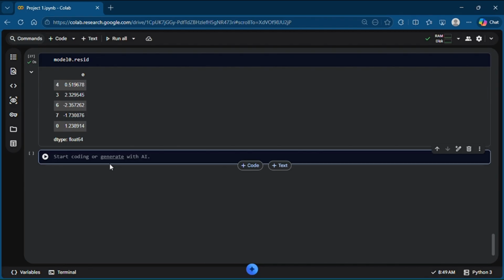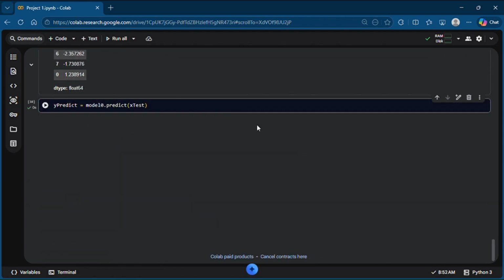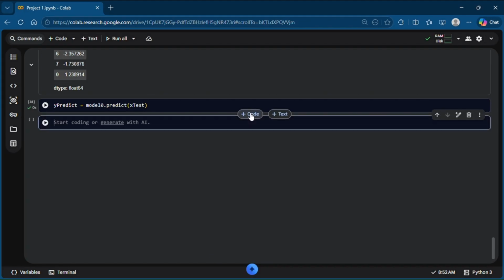So y_predict: let's use our model.predict using the x_test. I just shifted the price to the area m squared in the previous code, to verify the prediction.